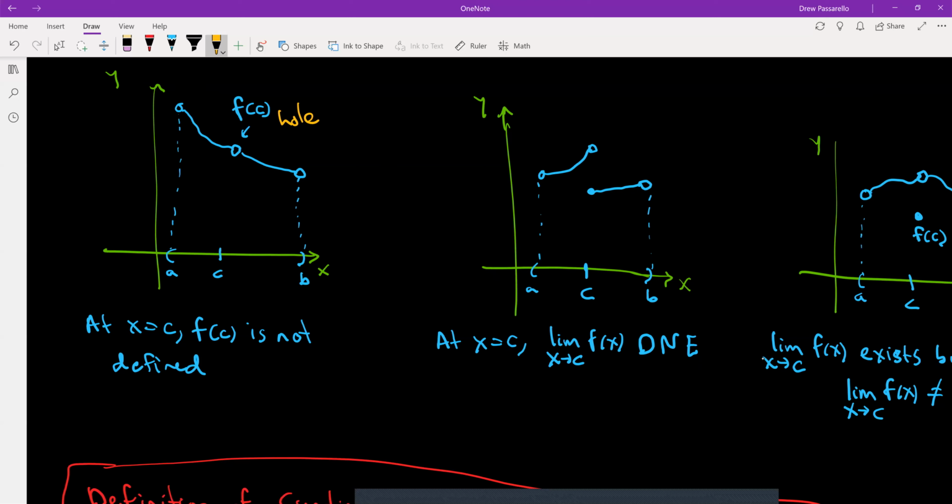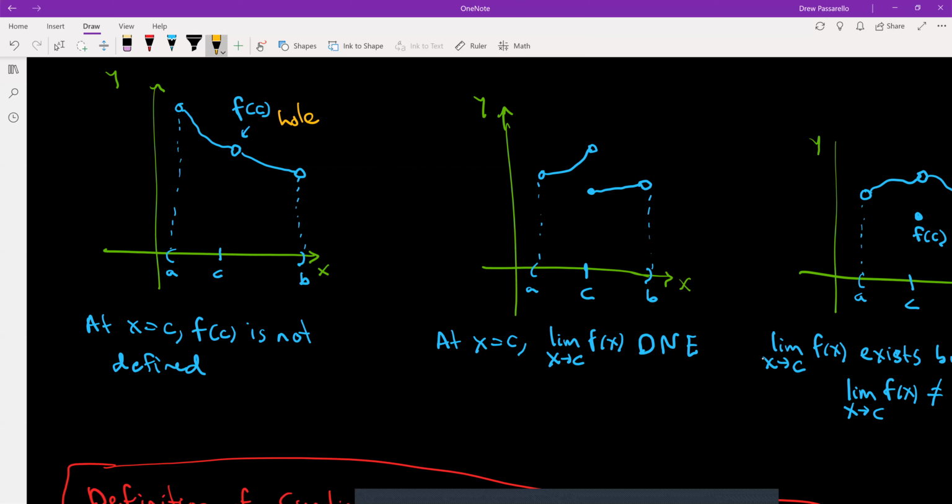You could have it maybe look like this also. So this is another case where it's not continuous. So at c, I have this little jump here in the graph, but yet I do have f of c defined. All right, f of c is defined. It's this closed dot right here.